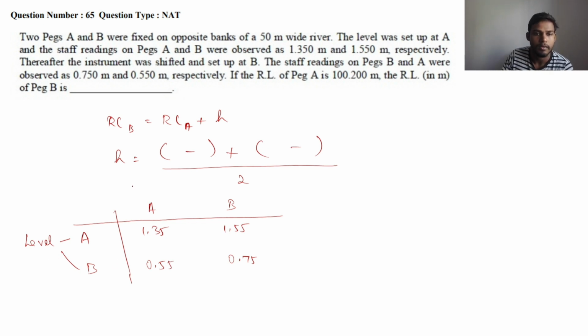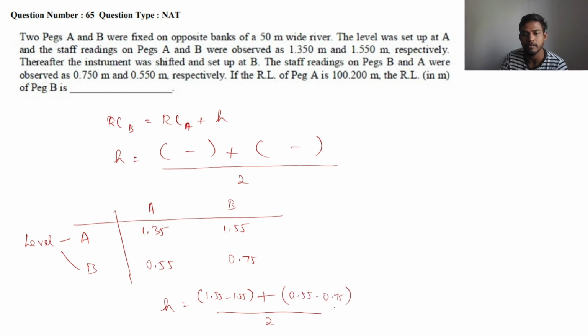Now the level difference is equal to the difference in staff readings, that is, staff readings at A and B. We take this difference, then we find the average. So H is equal to the average of the differences in staff readings: 1.35 minus 1.55, and 0.55 minus 0.75.